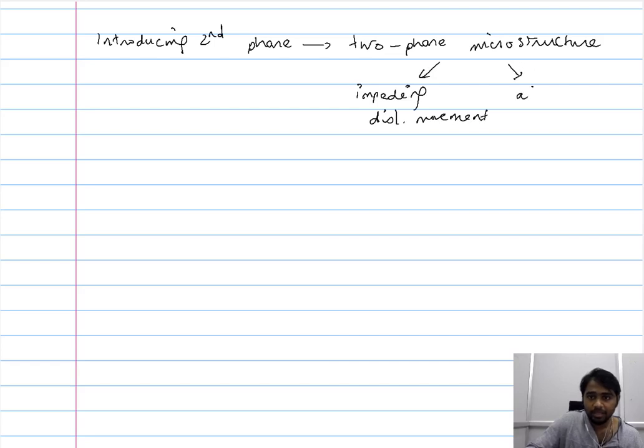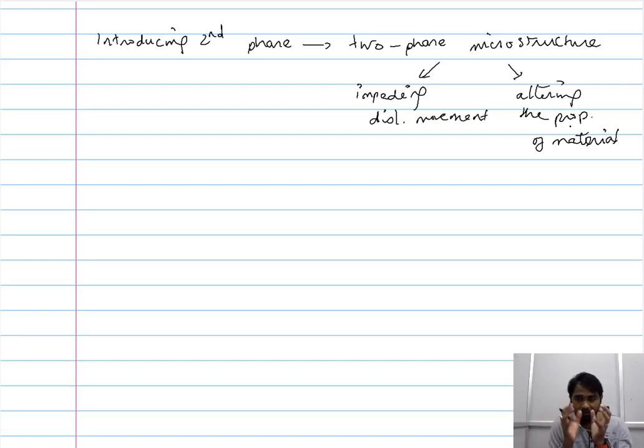The other is altering the property of the material. Altering the property of the material is dictated by the materials that you combine, the phases that are present. Therefore, when you have an appropriate combination of the phases, you will be able to enhance the creep resistance just by the properties of these combinations of phases.